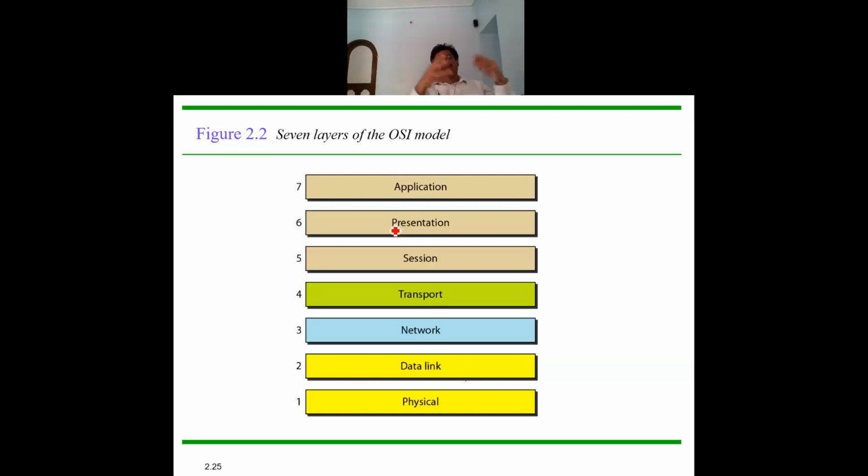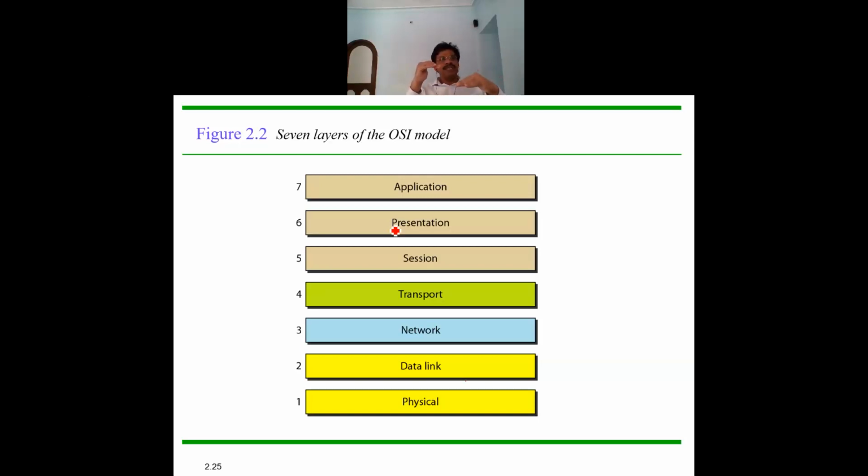Then the data is passed to the lower layer, and a specific header is added to the data composed at the application layer, known as the application header data unit. That application header data unit is passed to the next layer, the presentation layer.